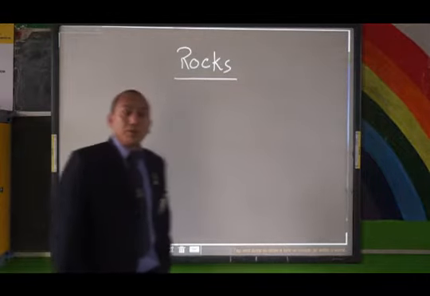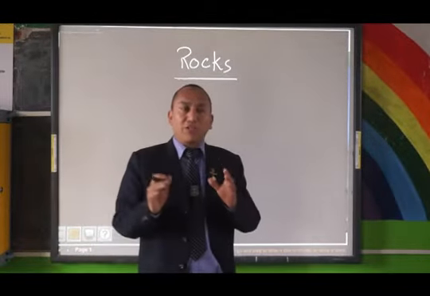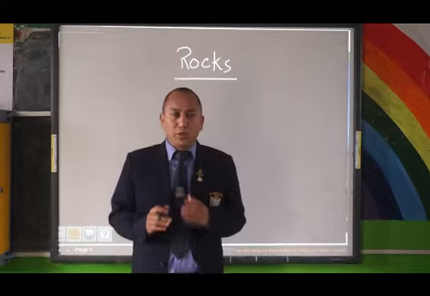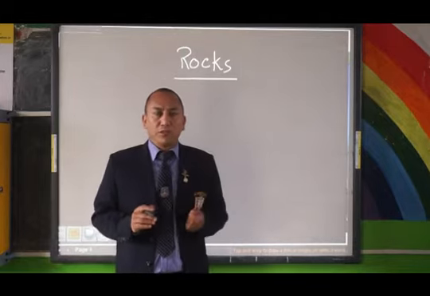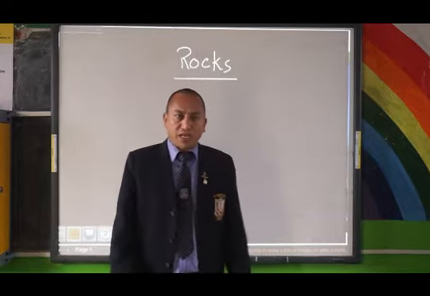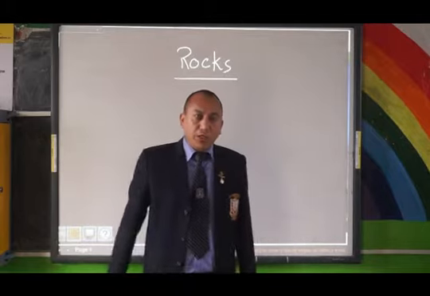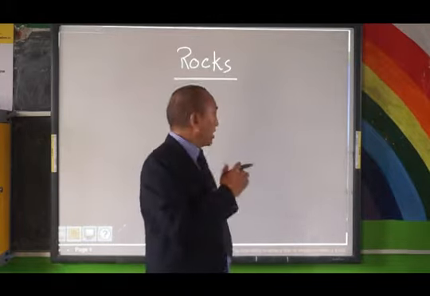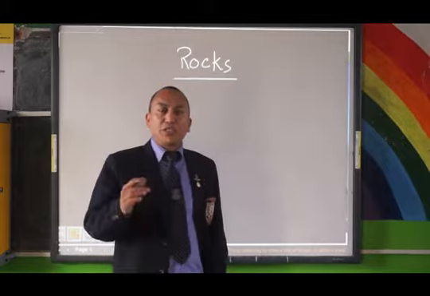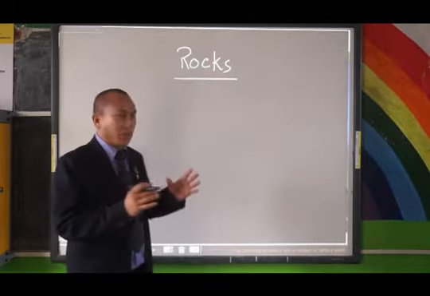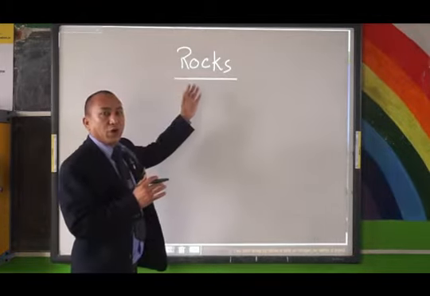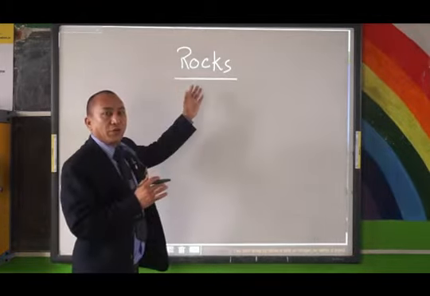Before we start this chapter, please make sure you have your textbook opened. Make sure you have a small pencil and a notebook to note the important points as I go on teaching this lesson. So dear students, I am going to start this next chapter, the materials of the earth's crust, and our main focus today in this class is on rocks. So we study about the rocks.